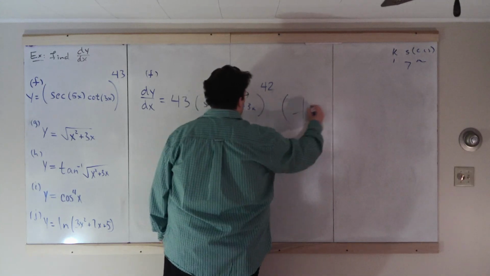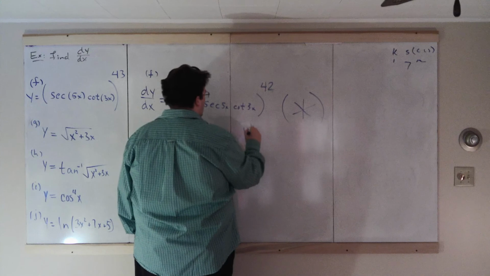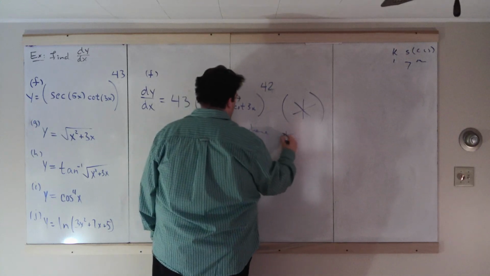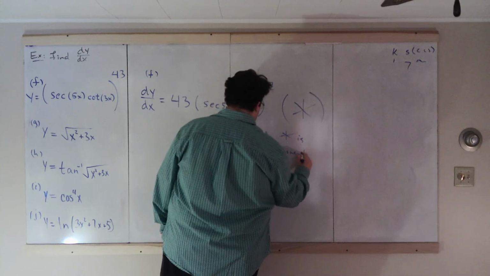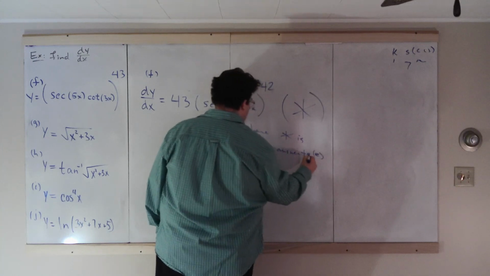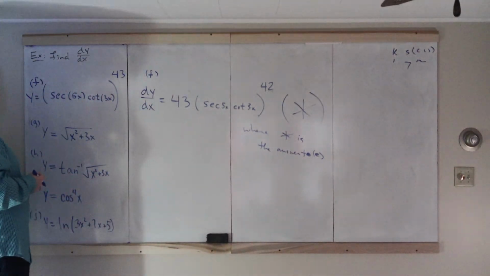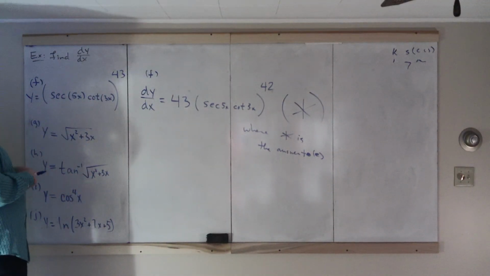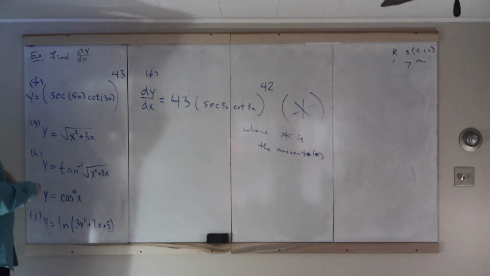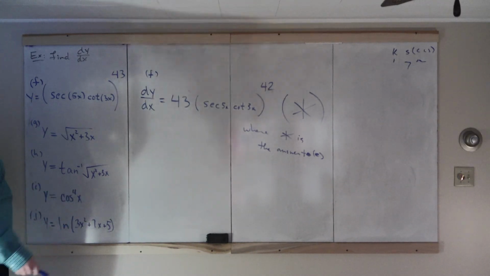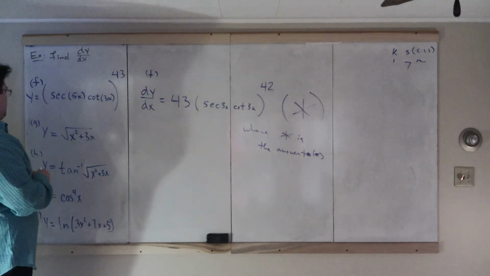So I'm just going to say it like this. Times star, where star is the answer to part E. So we have part E all to the 43rd. So the derivative is going to be 43 of them to the 42nd times the derivative of the inside, which was given in part E.